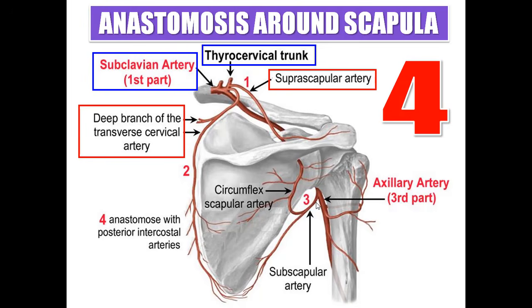The third artery, this one, is the subscapular artery and its circumflex scapular branch, which arises from the third part of the axillary artery, and then the posterior intercostal arteries.